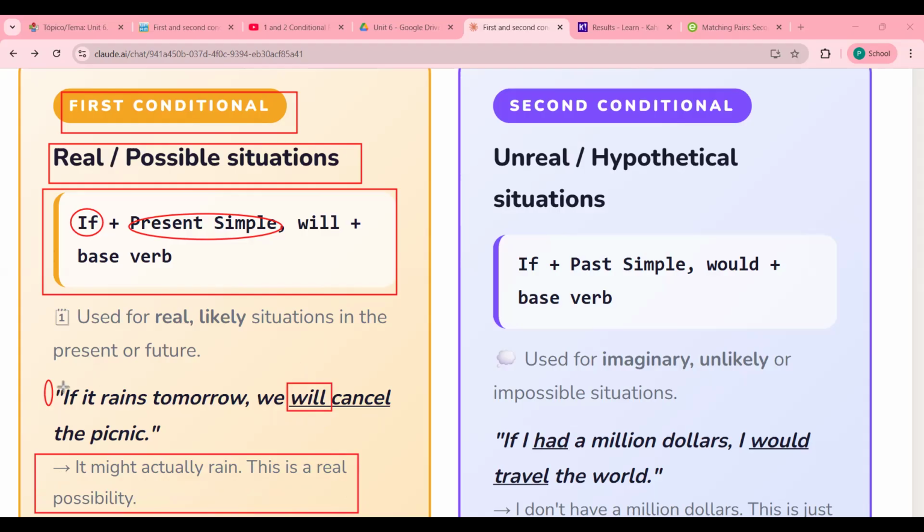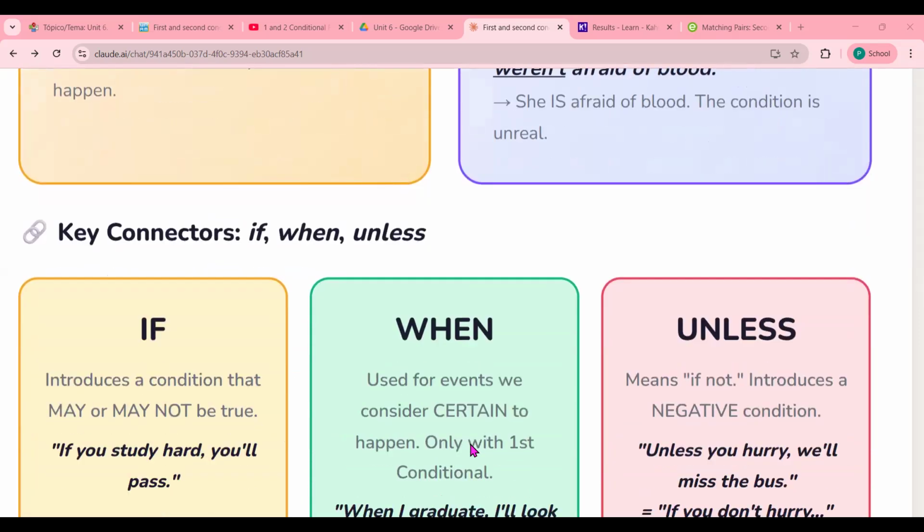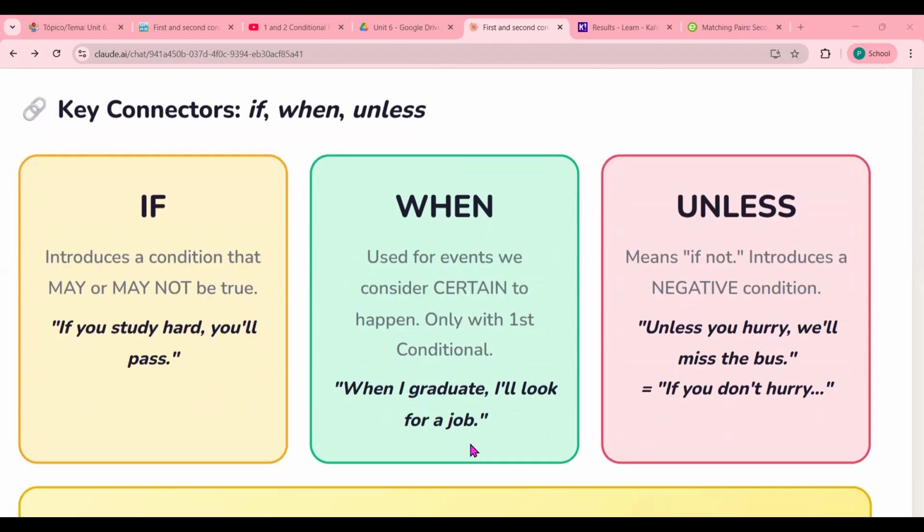The condition with if. Or you may include, my dear students, two options that are regularly used: when or unless. They indicate the condition.